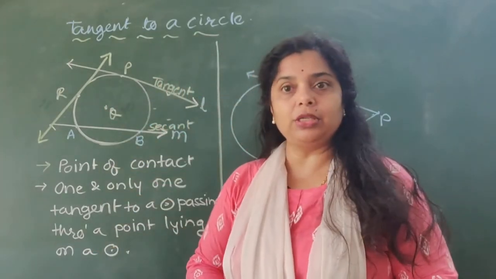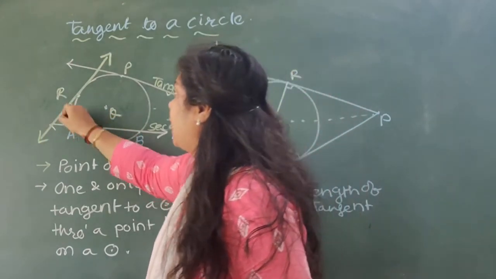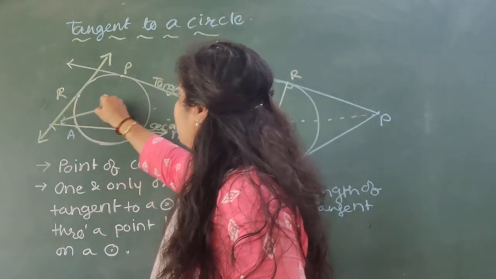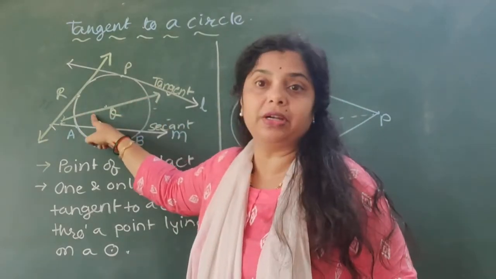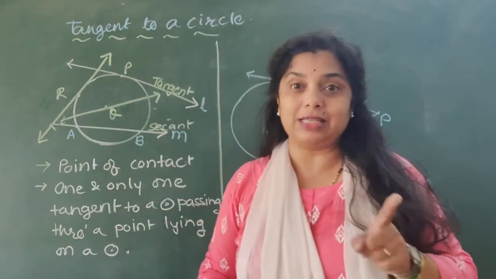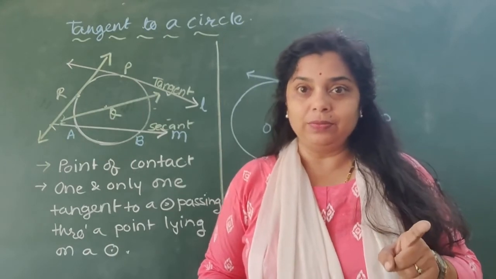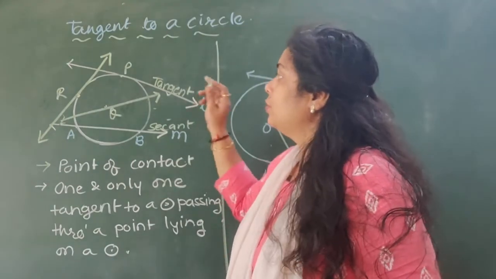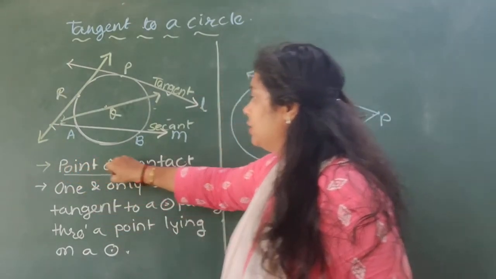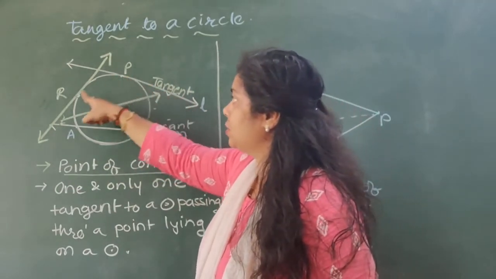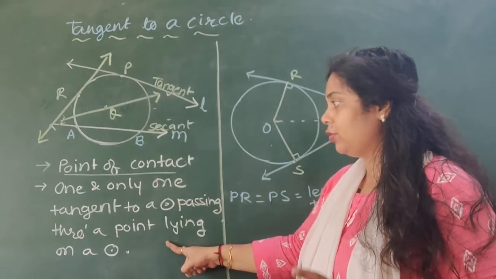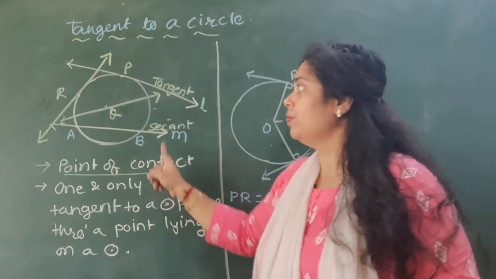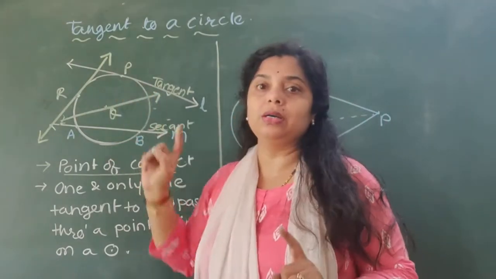It is an interior point, and if I pass a line through this point, it will intersect the circle in two different points. So this is not a tangent. Are you clear? So in short, this is the point of contact, this is also a point of contact. One and only one tangent can pass through a point lying on the circle.